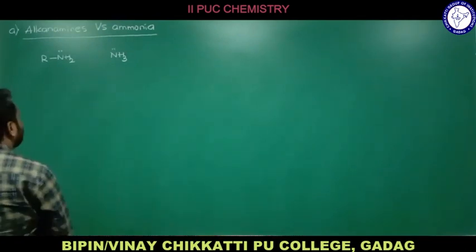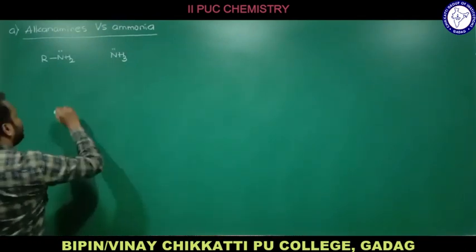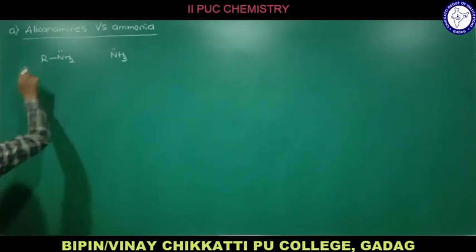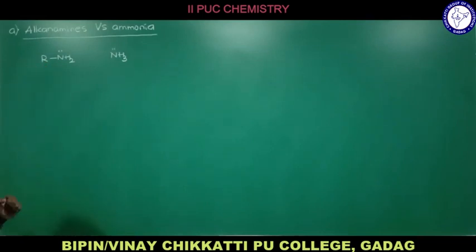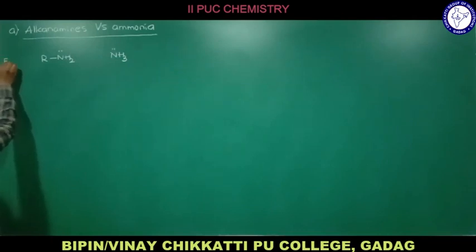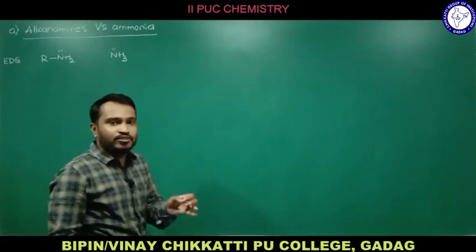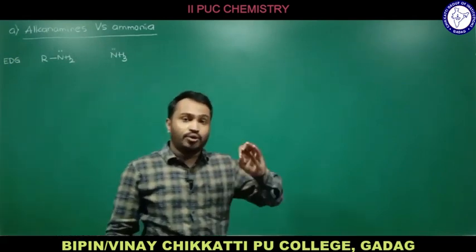So what I am going to say here is, here we have ammonia, but in this particular alkylamine, nitrogen is attached to the R, that is nothing but an alkyl group. And remember that these alkyl groups are electron donating groups. Try to know about that one: methyl, ethyl, propyl. So these alkyl groups are very good electron donating groups.